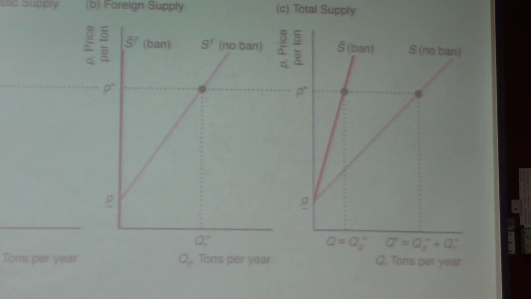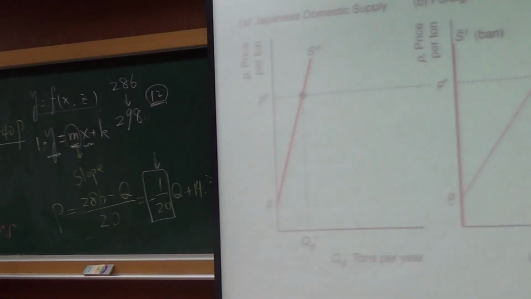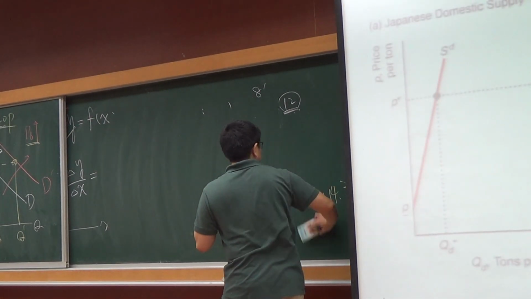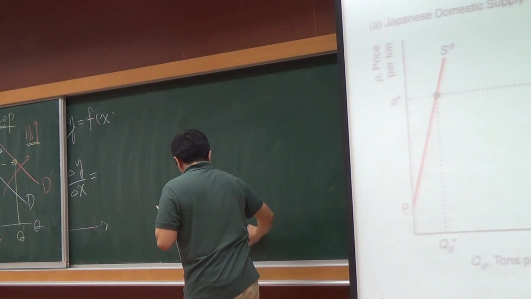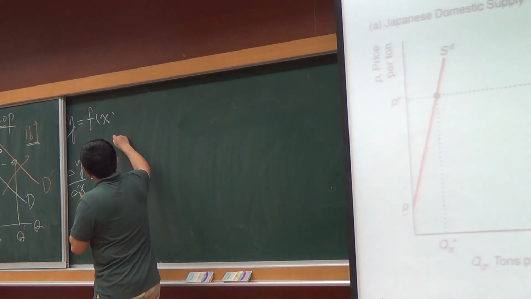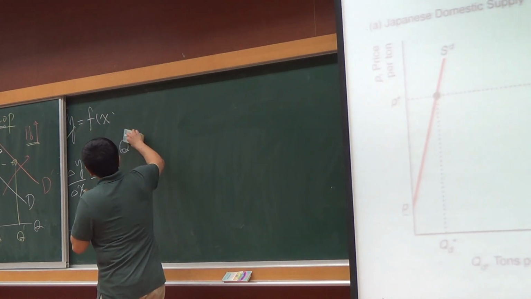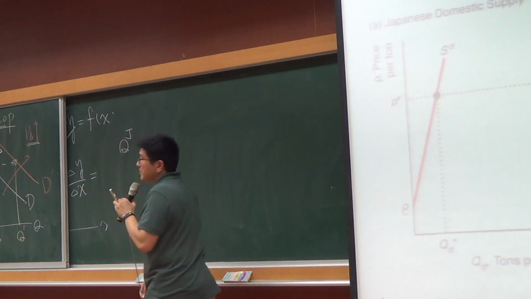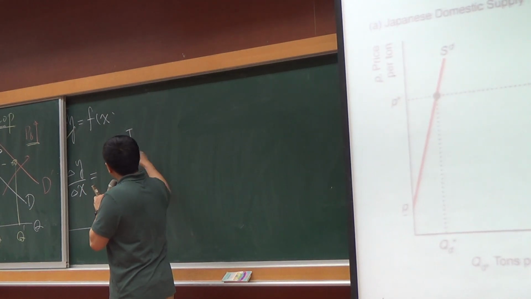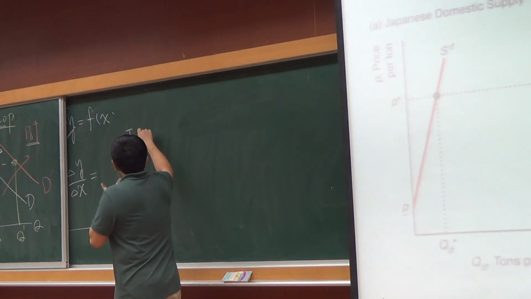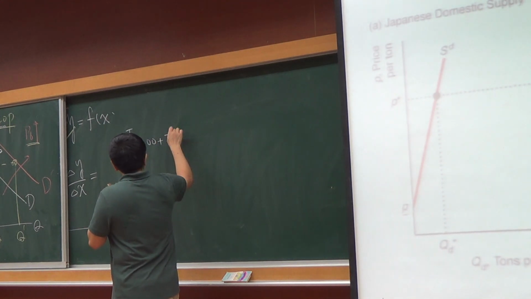Let me give you an example with math. Let QJ, the domestic supply of Japan, equal, say, 100 plus 2P.